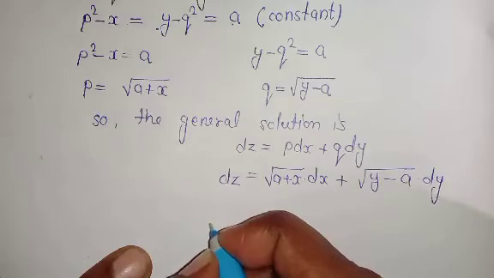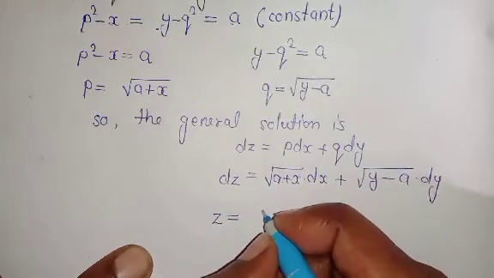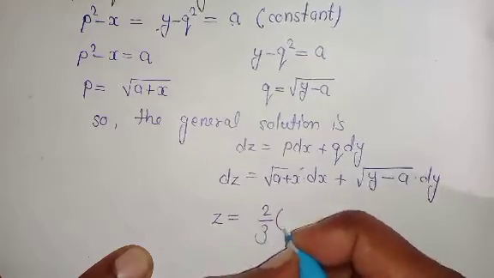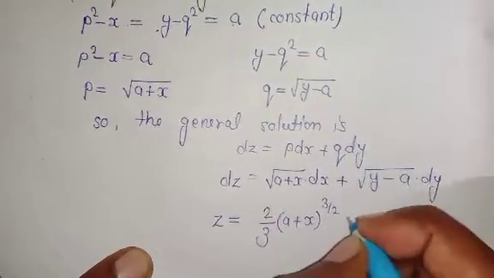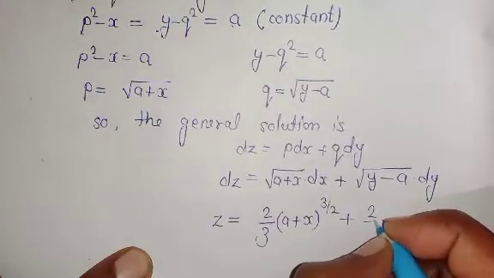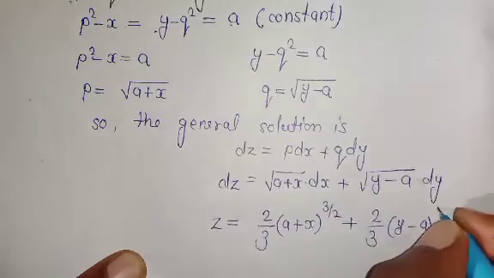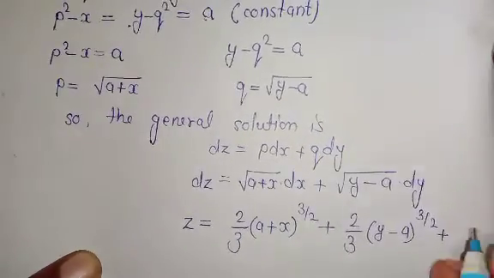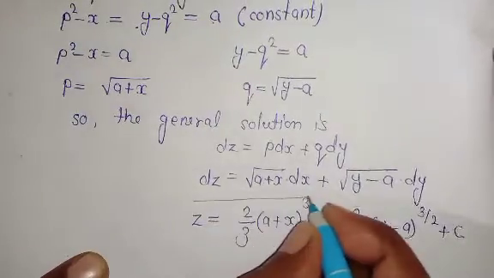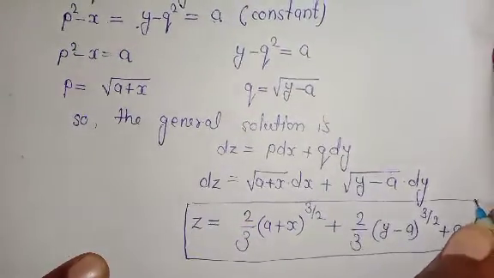After integration we get z is equals to, the integration of these terms gives us 2 by 3 a plus x raised to power 3 by 2 plus 2 by 3 y minus a raised to power 3 by 2 plus some integrating constant c. So this is the required general solution for this equation.